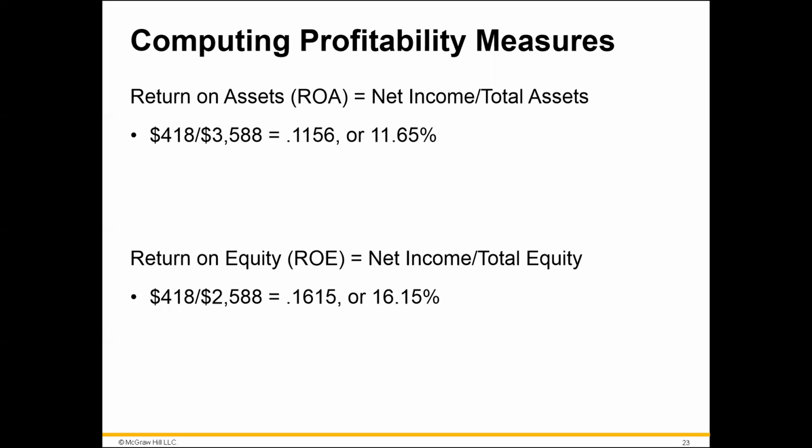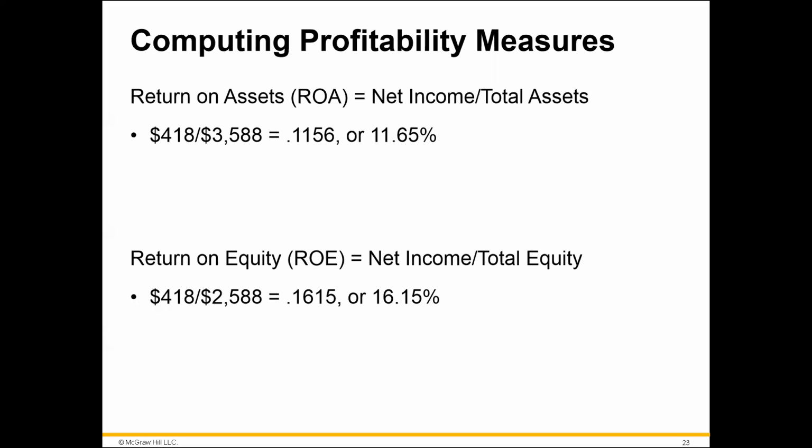Actually, ROE is the most important ratio, because that is the measure of how the stockholders fared during the year. Because maximizing the shareholders' interest is one of the most important financial goals. So ROE is so important, right?